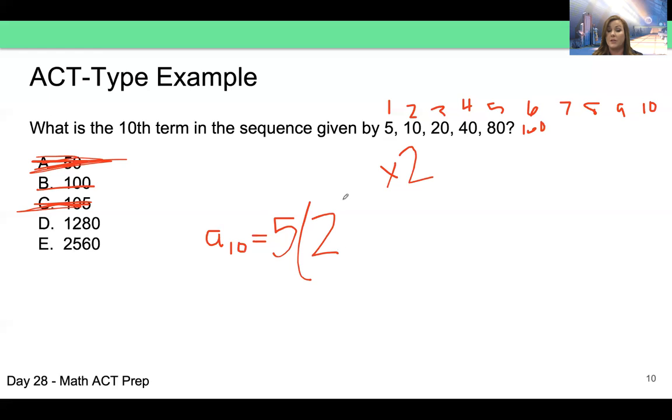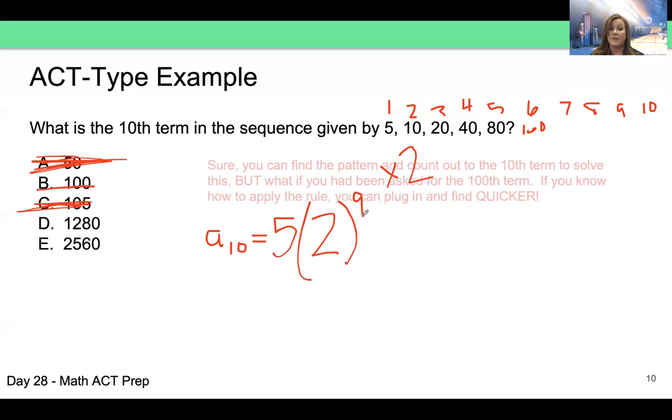We're multiplying by 2 to the n minus 1 power. N is 10, minus 1 makes it 9. So you're going to do 2 caret 9 on your calculator. Get that number and multiply by 5. It's really simple and fast.